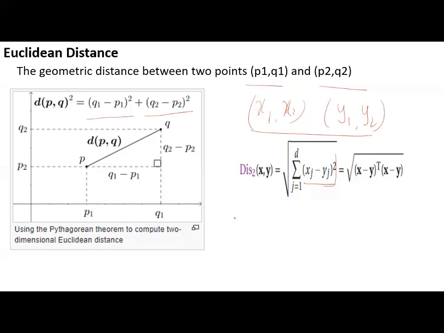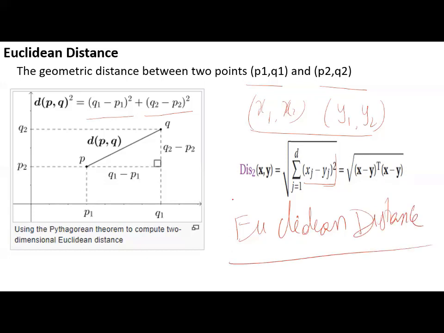This is called Euclidean distance. This is the Pythagoras theorem; by using it we calculate the distance between 2 points. So this is called the Pythagoras or Euclidean distance.